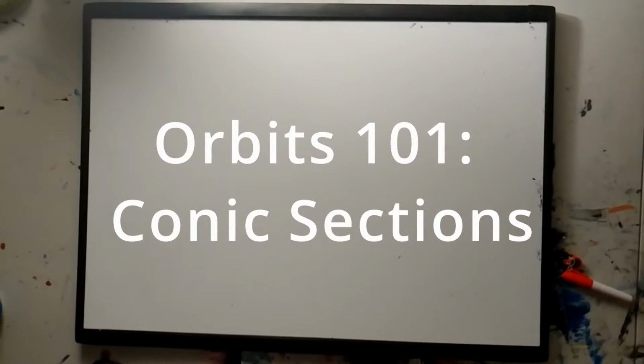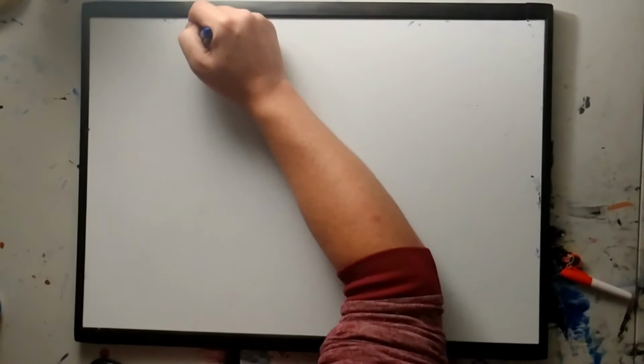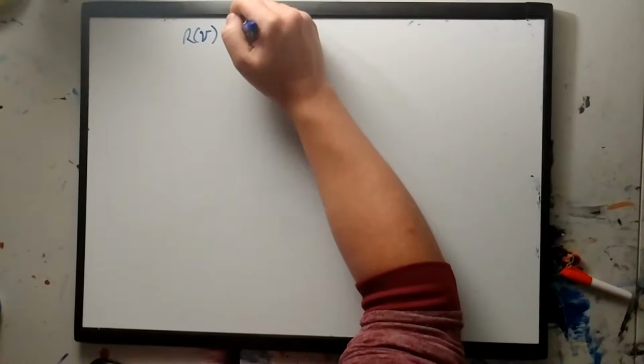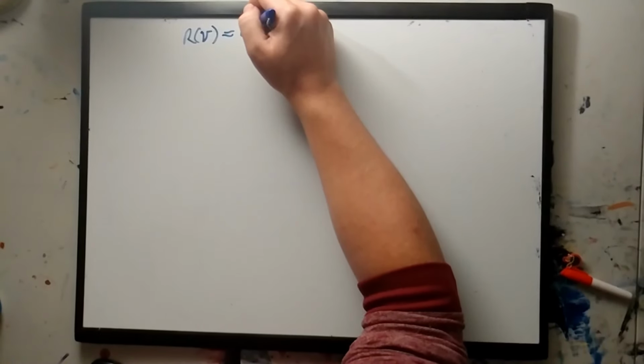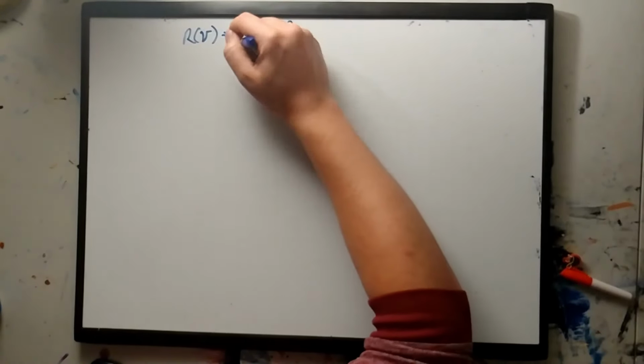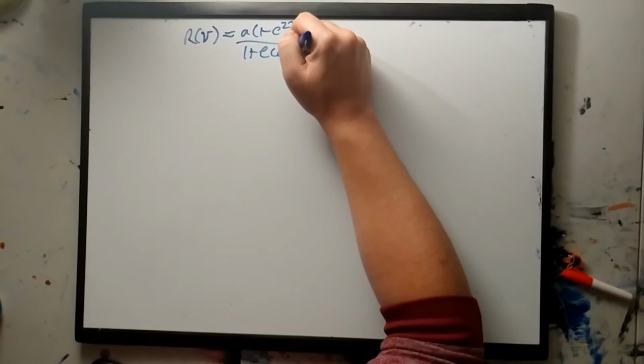In this video, we're going to cover just the four basic conic sections that can describe four different types of orbits. If you remember, our solved two-body equation resulted in r as a function of nu, which is our true anomaly, equal to a times 1 minus e squared, all over 1 plus e cosine of nu.